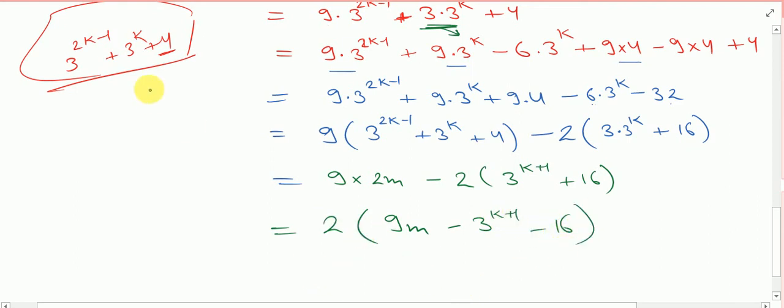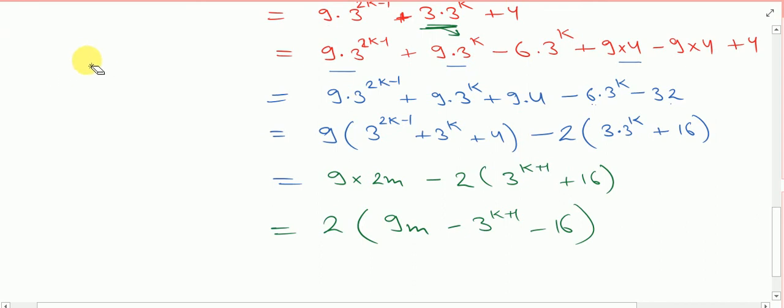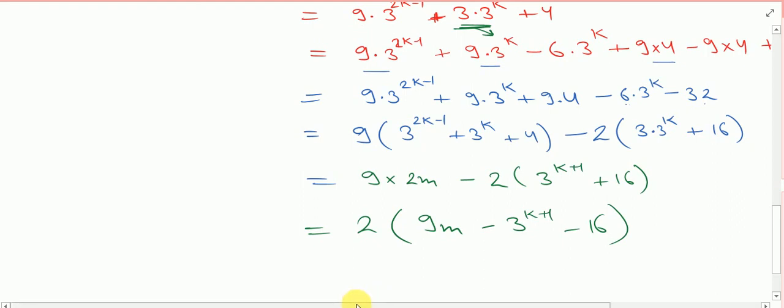So you can see that you got this as a multiple of 2. That means this whole expression is divisible by 2, okay. So now here I can write, this implies 3 to the power 2 times k plus 1 minus 1 plus 3 to the power k plus 1 plus 4, okay.